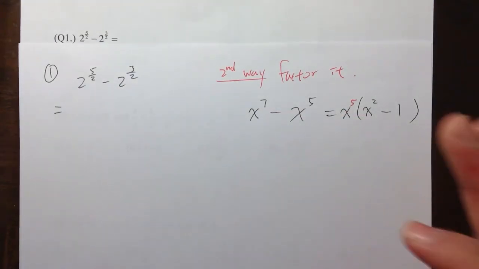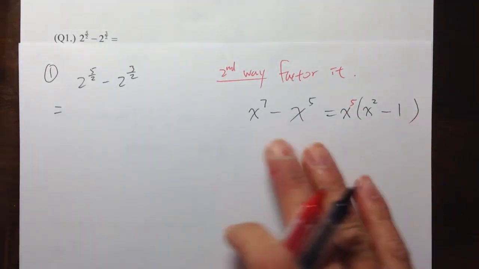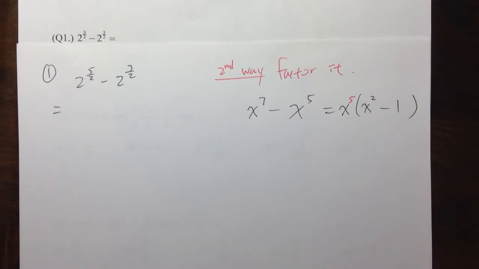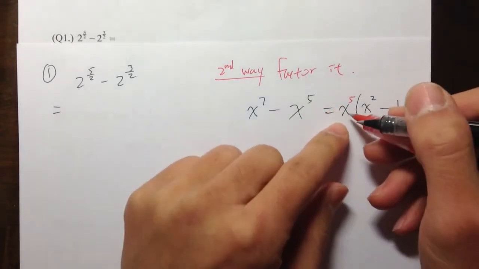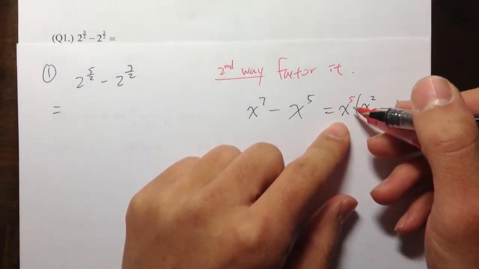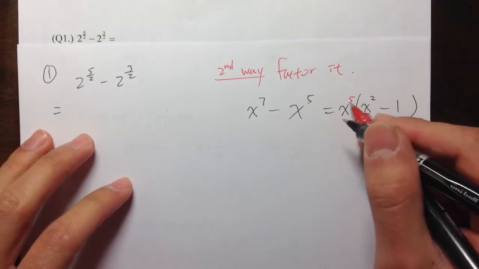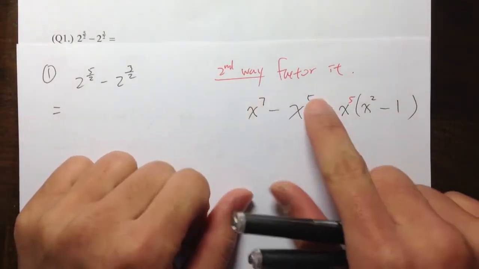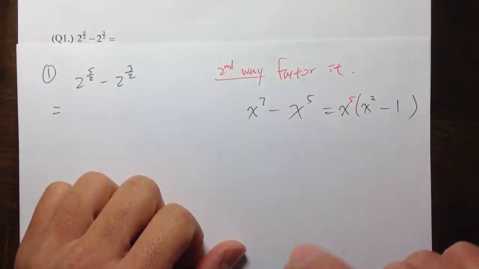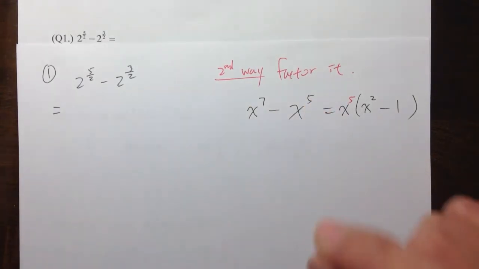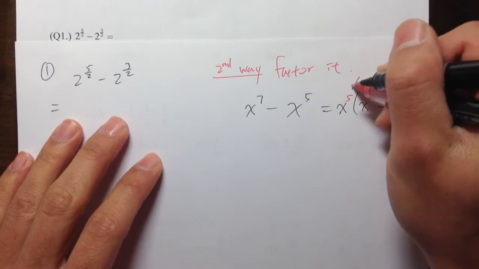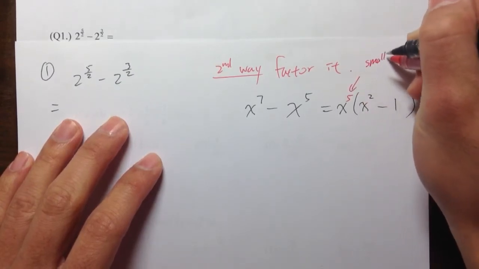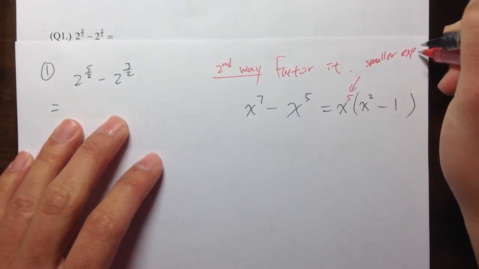But I want to point out some of the things that we did right here. How did we know we can take out x to the 5? The reason is, pay attention to the exponent. I have a 7, I have a 5. You want to take out the smaller exponent.